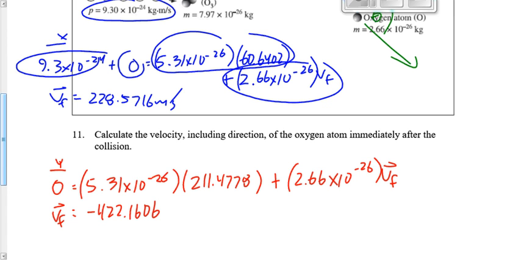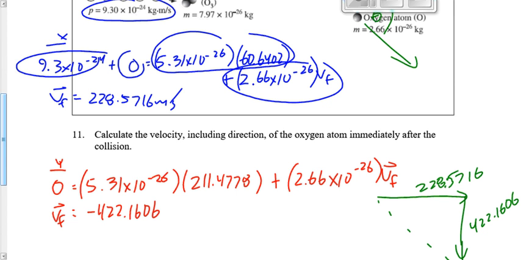Do the same thing as we always do now, the same thing as you did for the last question, the same thing as you do for every other 2D question. We have 228 and 422.1606.